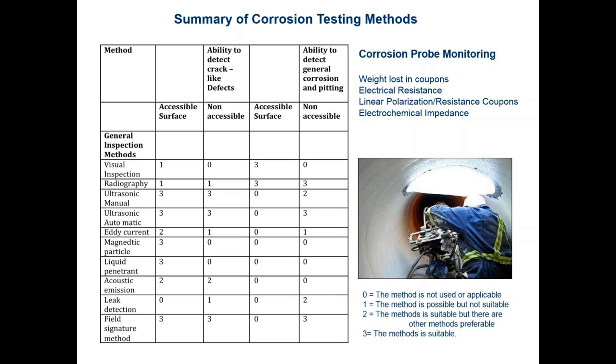And the table is summarized here: ultrasonic inspection, eddy current measurements, liquid penetrant experiments, acoustic emission, field signature method, essentially a combination of spectroscopic, microscopic, acoustic, electrical or impedance resistance measurement, and so on.